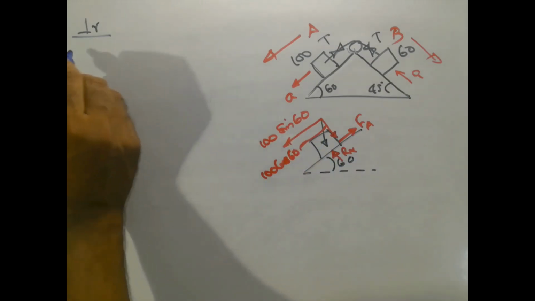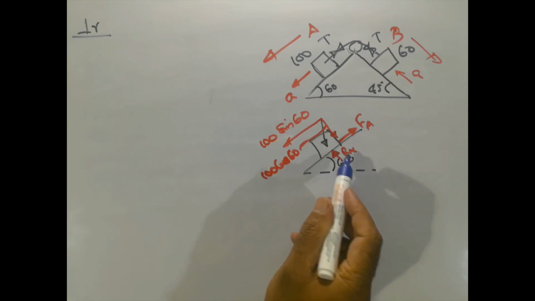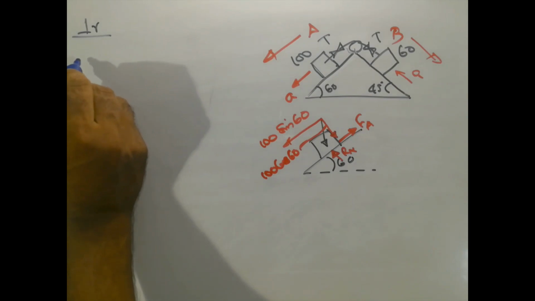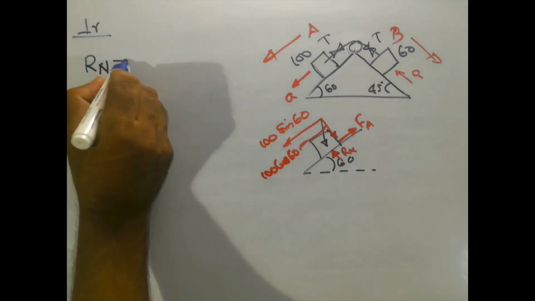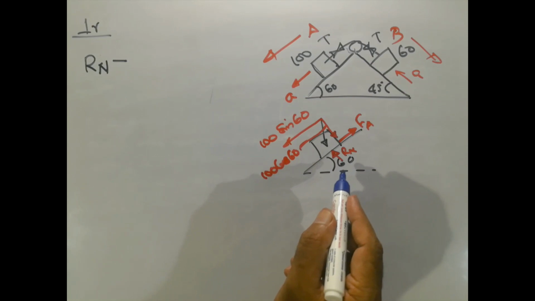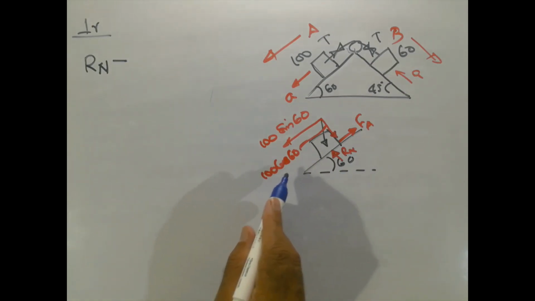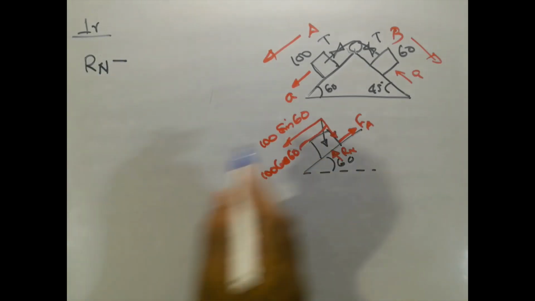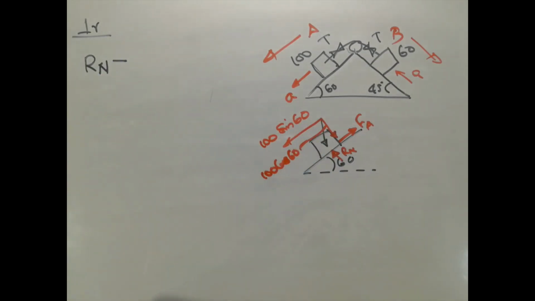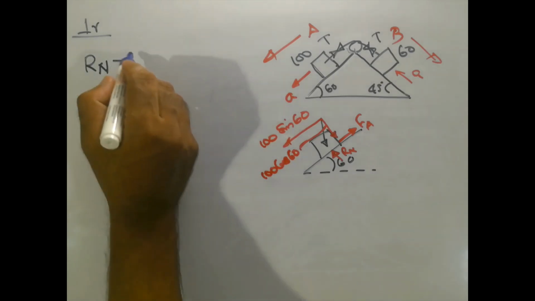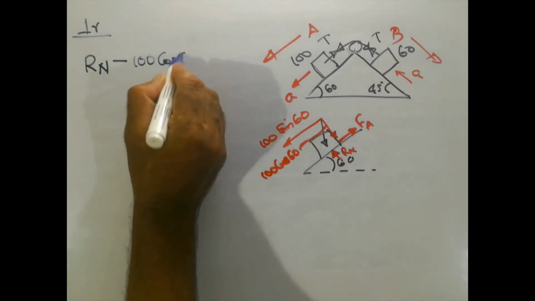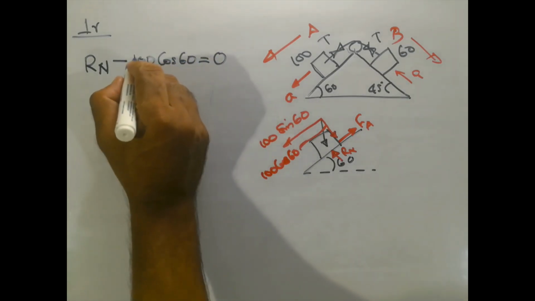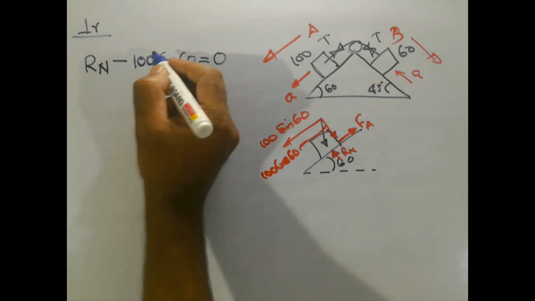Let us consider Rn as positive. If Rn is positive, then 100 cos 60 must be considered negative. So Rn minus 100 cos 60 equals 0. It is not equal to ma because the block is not moving in that direction.